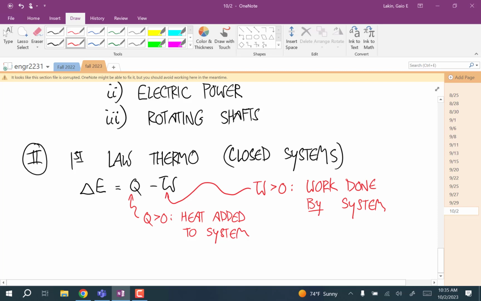And you can always think of that as a piston where you're heating up the gas inside the cylinder, and the result is that the piston rises. So that's energy being added to the system through heat, and then work being done by the system on the surroundings as a result.